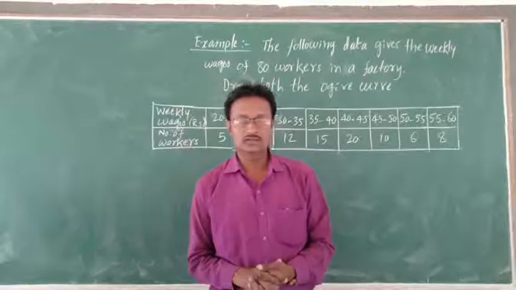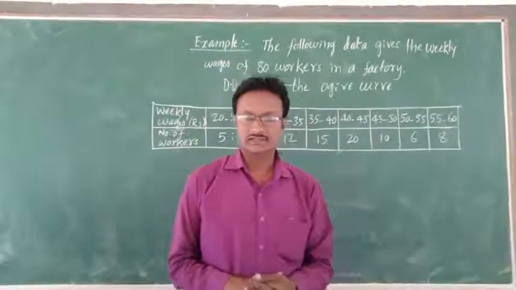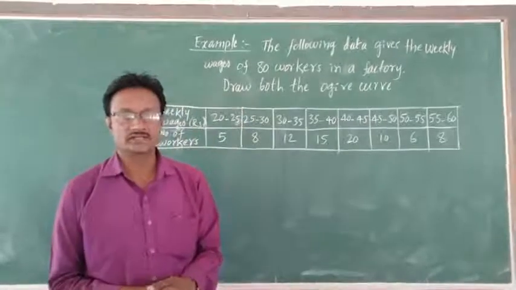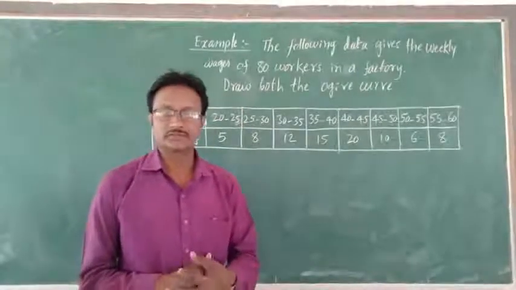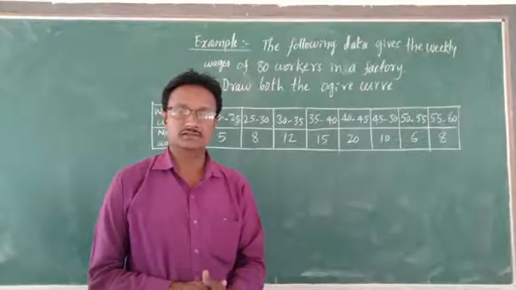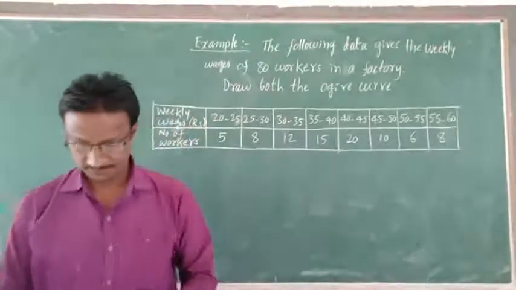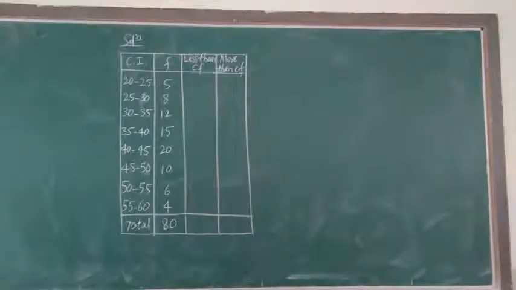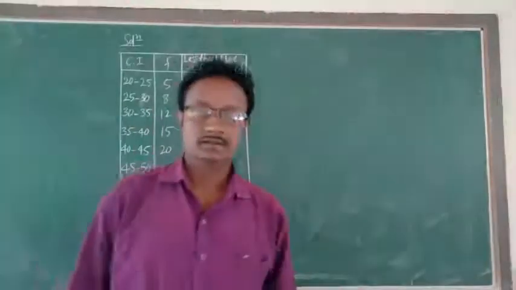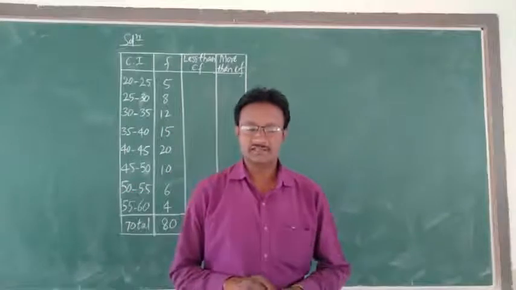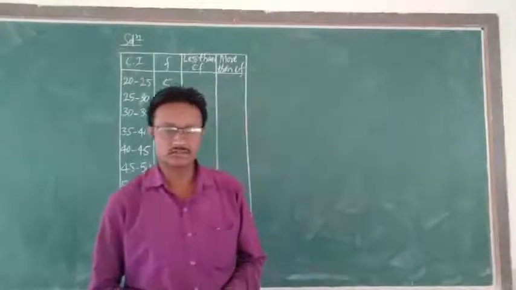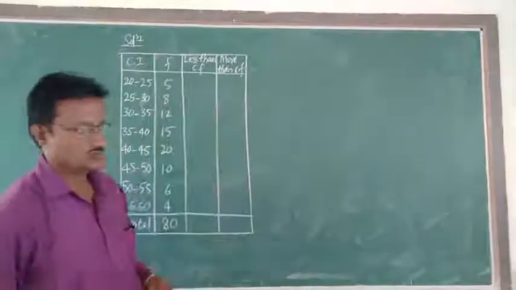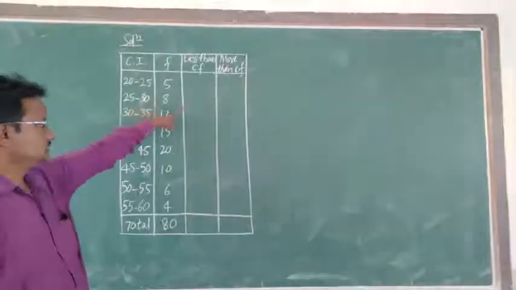See how to ascertain these frequencies. Next we are calculating less than cumulative frequencies and more than cumulative frequencies. First, ascertain the less than cumulative frequency and more than cumulative frequency. So draw 4 columns.